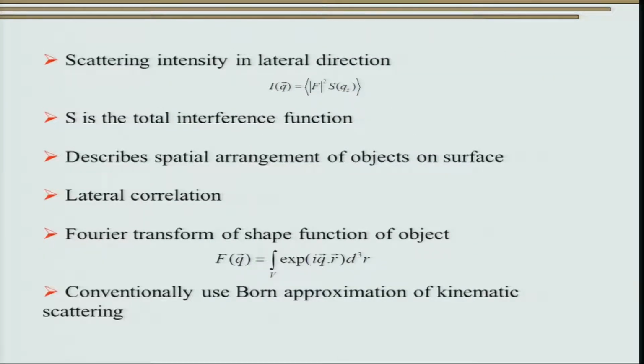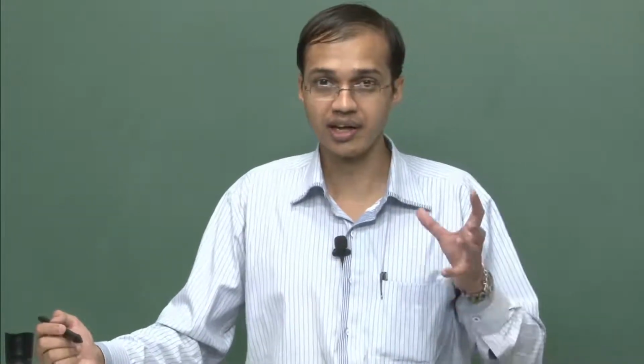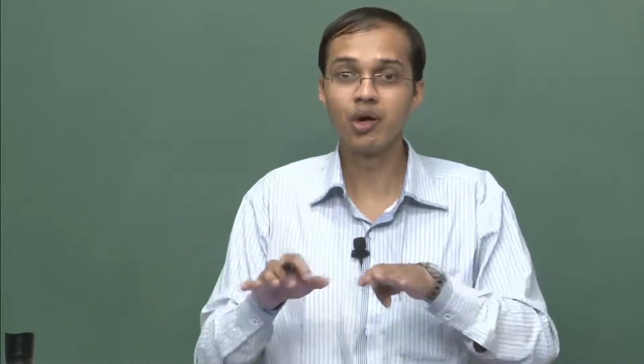So, you know that the scattering intensity in the lateral direction is given by I(q), and this I(q) is related to the form factor F, which carries the information of the shape of the sample in reciprocal space, and S(q), which is known as the interference function. This is in fact very similar to what we studied as the structure factor. Here we are talking only about 2D structures.